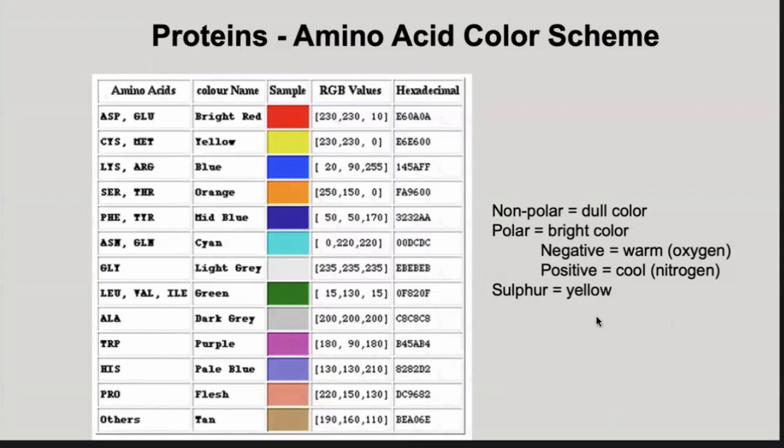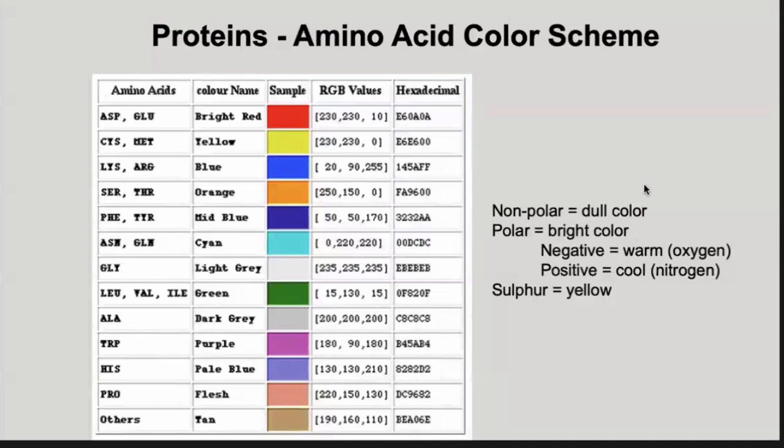And you see the rationale for the choice of colors over here on the right. Turns out the side chain of the amino acid may have a charge to it. That charge may be a positive, negative charge, or alternatively, the side chain may be non-polar. It may not have a charge to it. And so the color scheme is based primarily on whether the side chain of the amino acid is non-polar or polar. And if it is polar, does it have a negative charge or a positive charge?